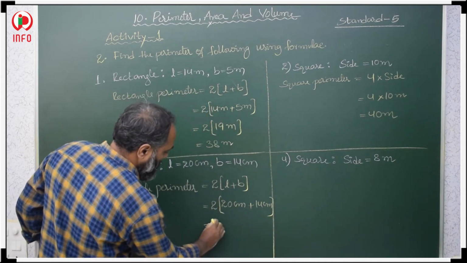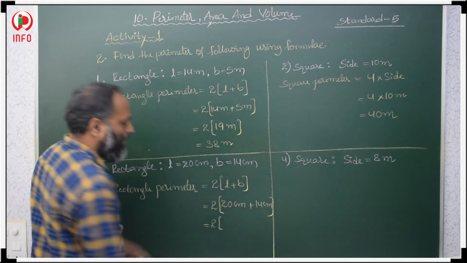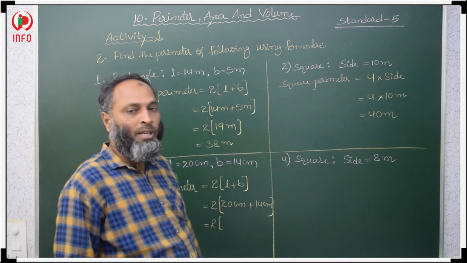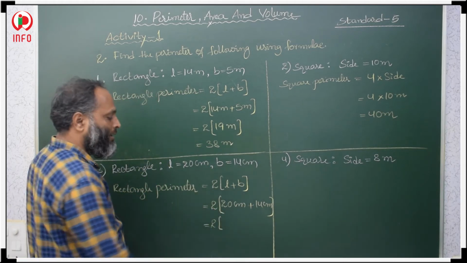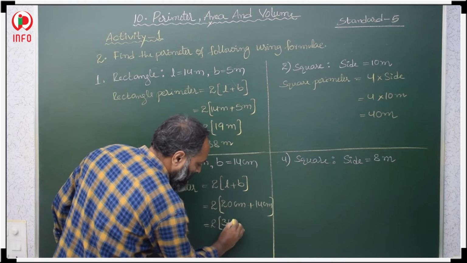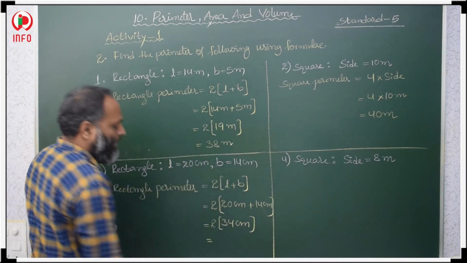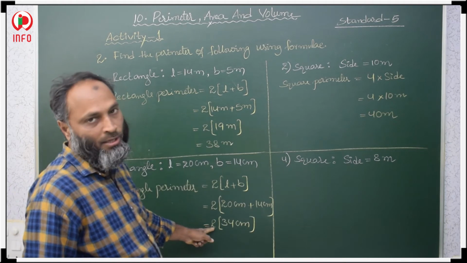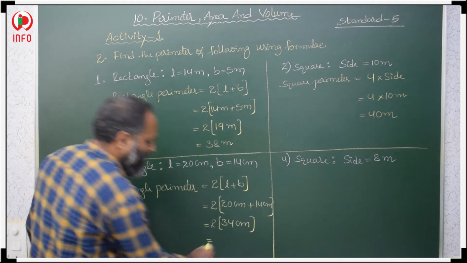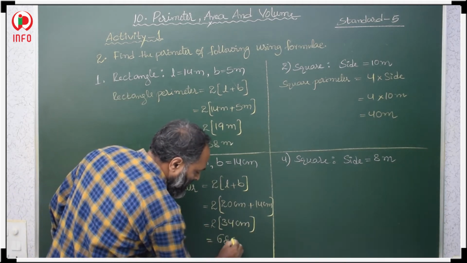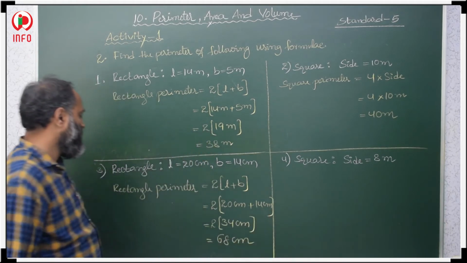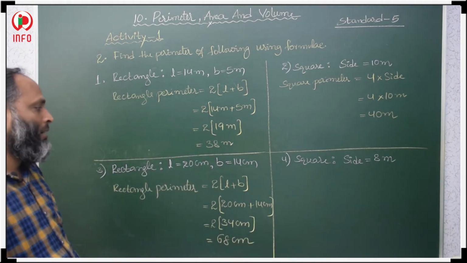Now 2 into 20 plus 14, 20 plus 14 is 34 centimeters. Then we multiply 34 with 2, 34 2s are 68. So this is the rectangle perimeter.